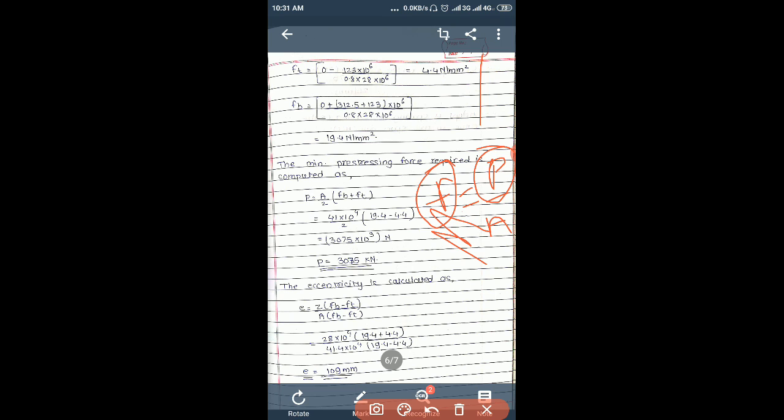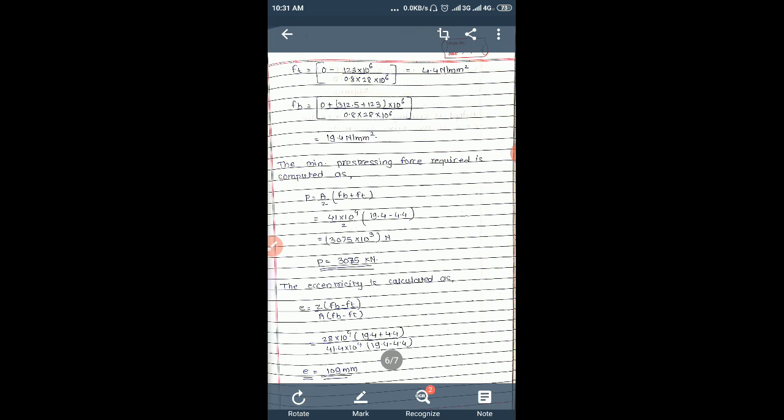So it is average stress into area. We take the average of these two and multiply it with the area. So we'll get the value of pre-stressing force, that is 3075 kilonewton, and then we'll calculate the eccentricity. E is equal to 109 mm.